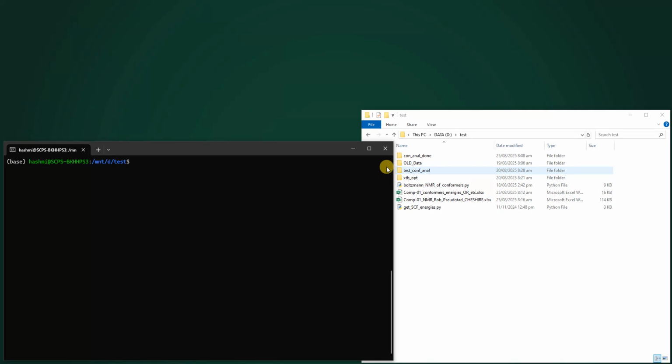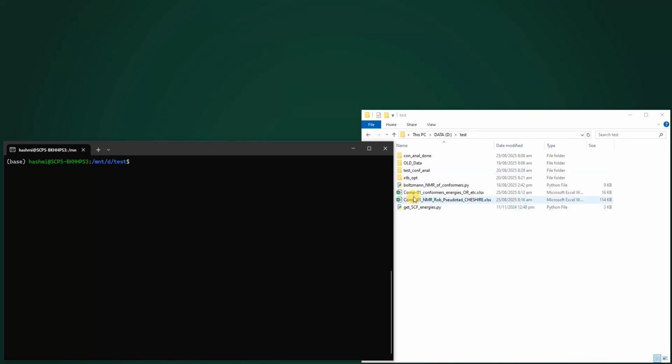As you would have seen in the previous videos, we learned about CREST, how to do conformational sampling with CREST, and then how to make input files for Gaussian or Orca software to run your NMR calculations.